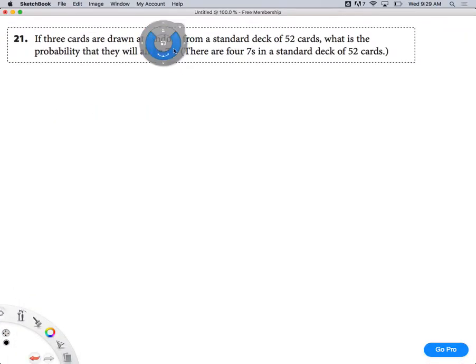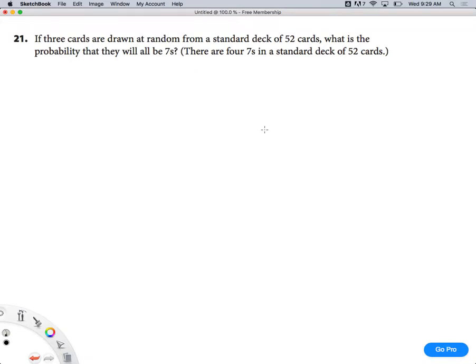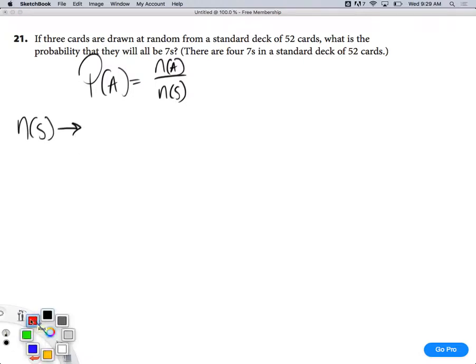If 3 cards are drawn at random from a standard deck of 52 cards, what's the probability that they will all be 7s? There are 4 7s in a standard deck of 52 cards. So immediately I'm thinking PA equals NA over NS, the number of elements in my sample space. Well, what's N? 52.